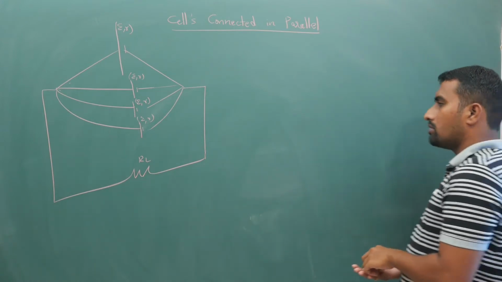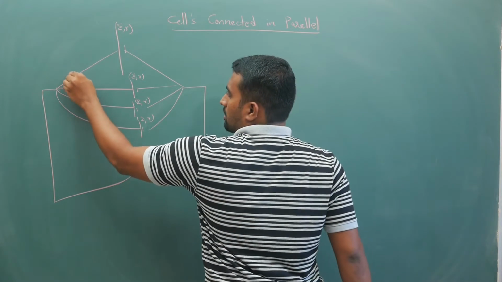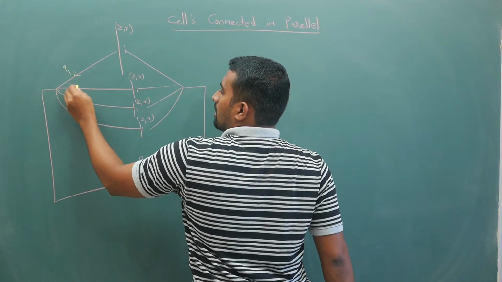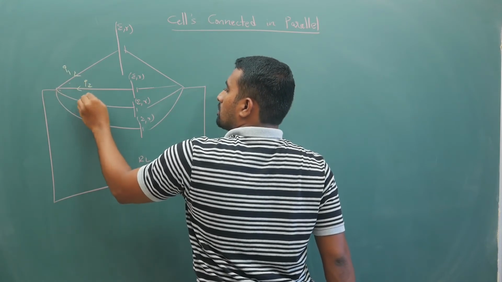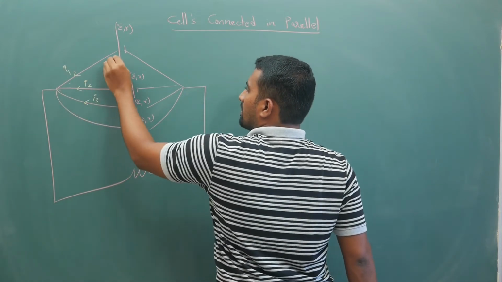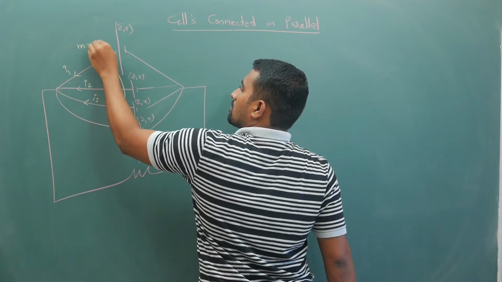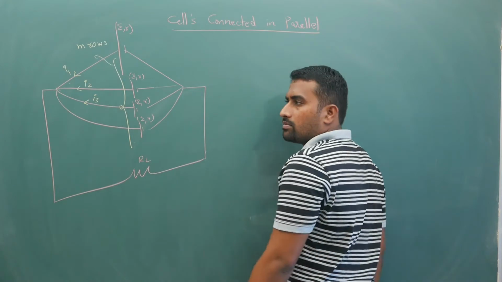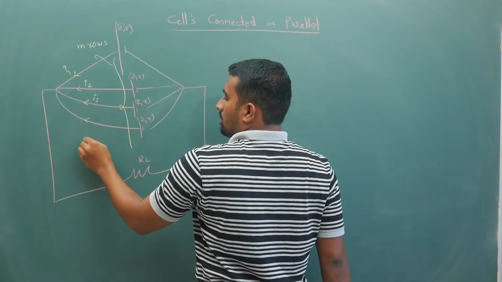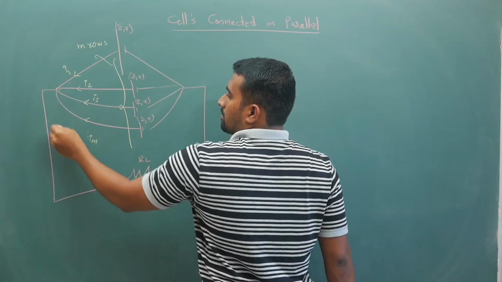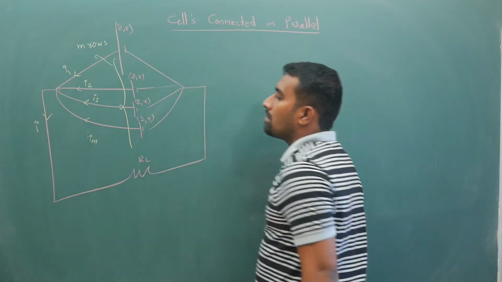Now here because it is in parallel, current will split into I1, I2, I3, and so on. Let us say totally there are m rows of cells like this, so on up to Im. Everything will combine and give you I.